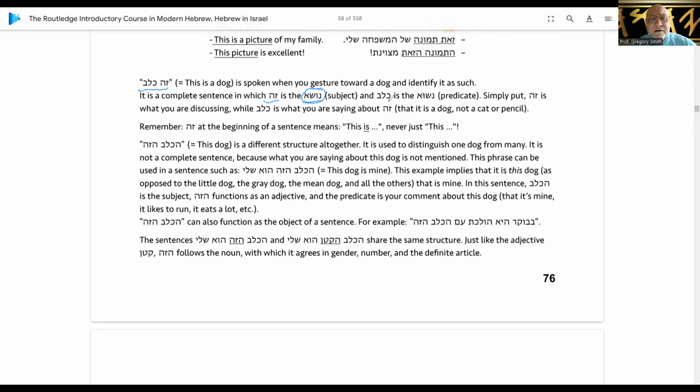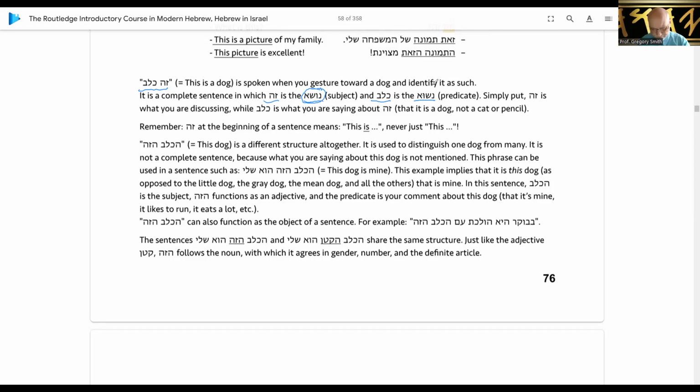Okay, and Zeh is the subject and kelev is the, let's see, nasu. No, but it is a predicate. There we go, predicate.